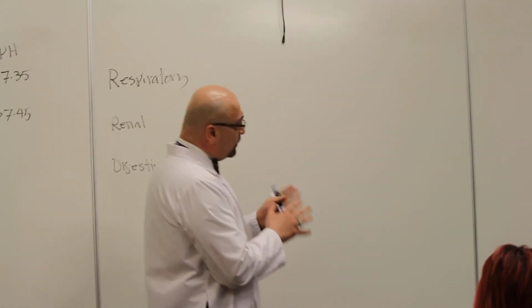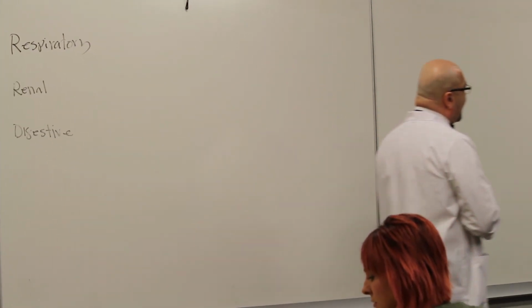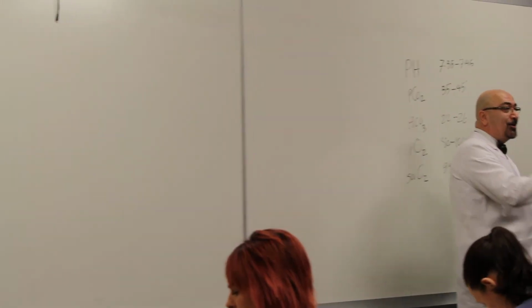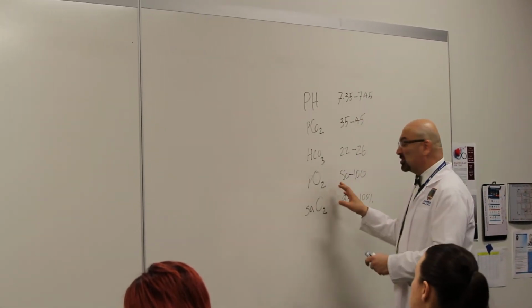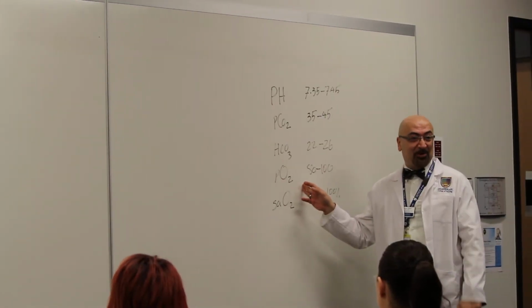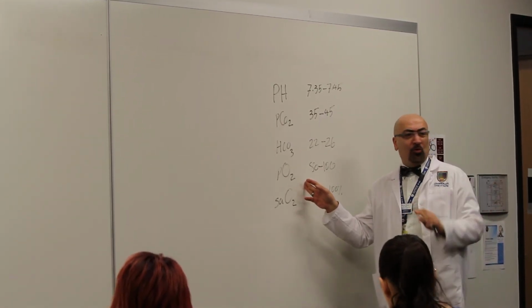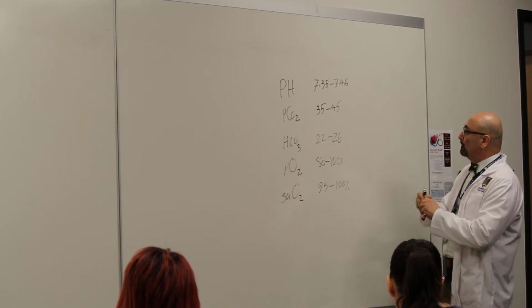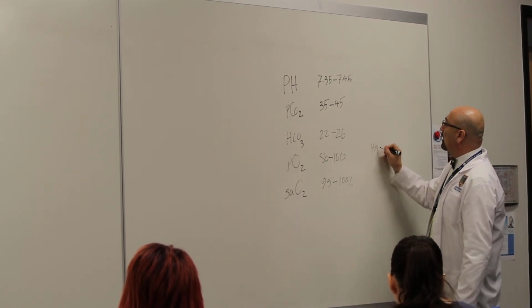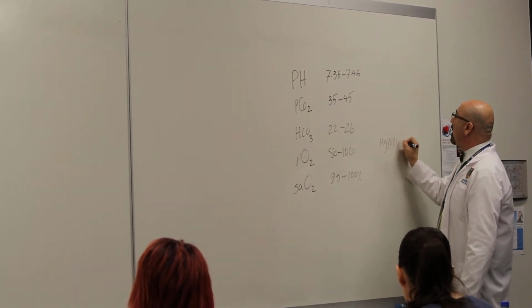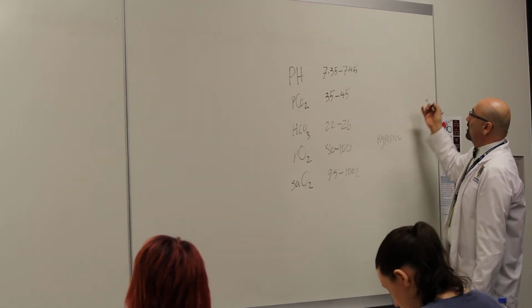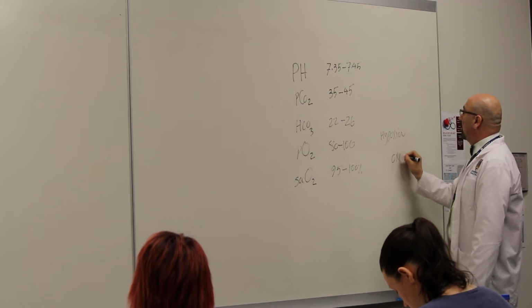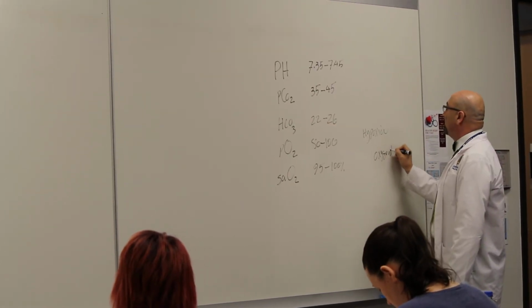So those are important values when you look at them, but really, to deal with acidosis and alkalosis, oxygen is not really important. And I'm going to explain how. We only worry about this in terms of whether or not hypoxia exists and whether or not you decide to do oxygen therapy.